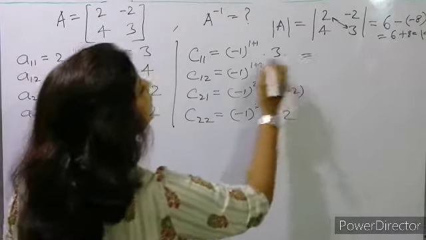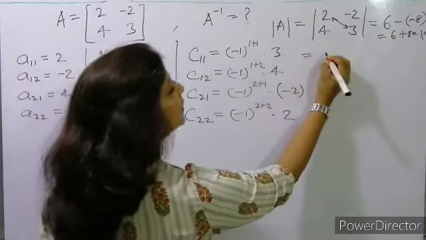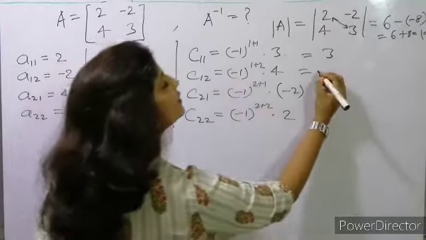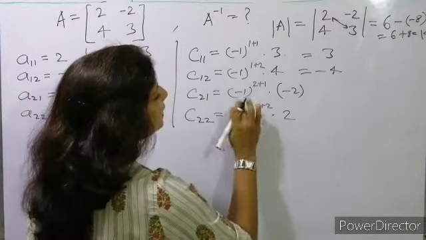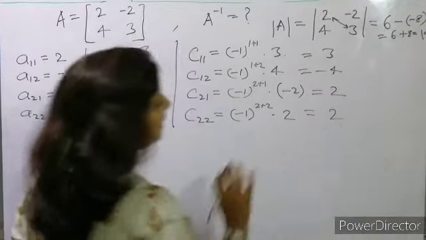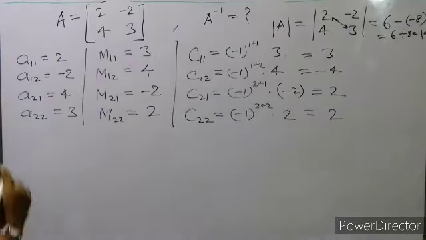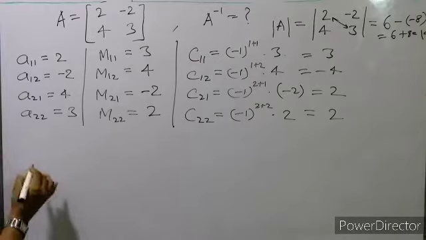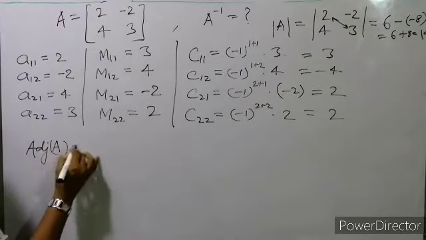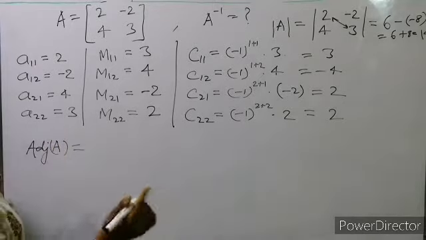So 1 plus 1 will be 3, this will be -4, this is already minus, so minus minus becomes plus 2, and this will be the same. Now we have to find the adjoint. Adjoint of A is the transpose of the cofactor matrix.